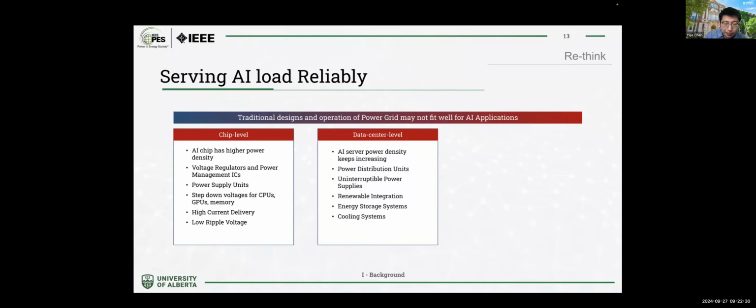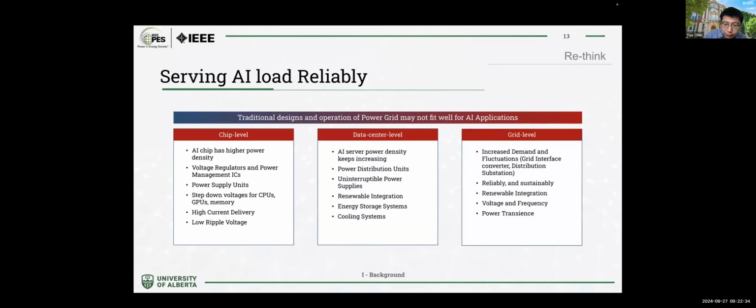At the same time, it's moving further and further to the data center level as well as the grid level. For instance, at the data center level, we want to have a good contract between the utility companies and the data center operator to make sure we have uninterruptible power supplies. From the AI computing side, people are also quite interested in the sustainability of data centers.